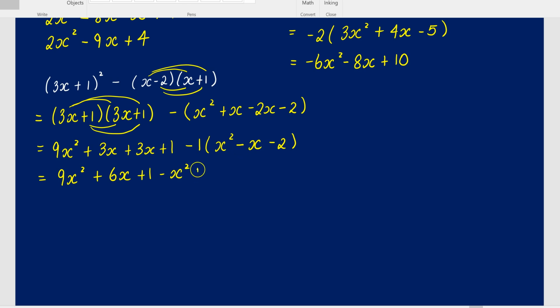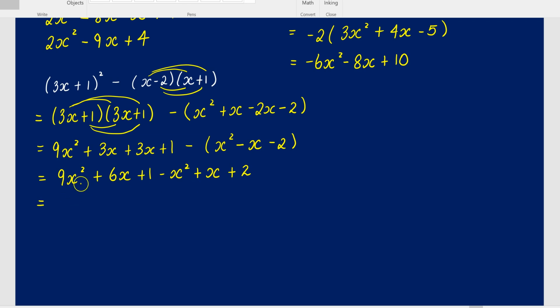Negative times a negative is a positive. That's x. And once again, negative times a negative is a positive, and 1 times 2 is 2. So that's how I look at it. Or you could just view it as you're subtracting x squared, you're subtracting x, and minus 2 gives you the plus. So however you wish to view that.